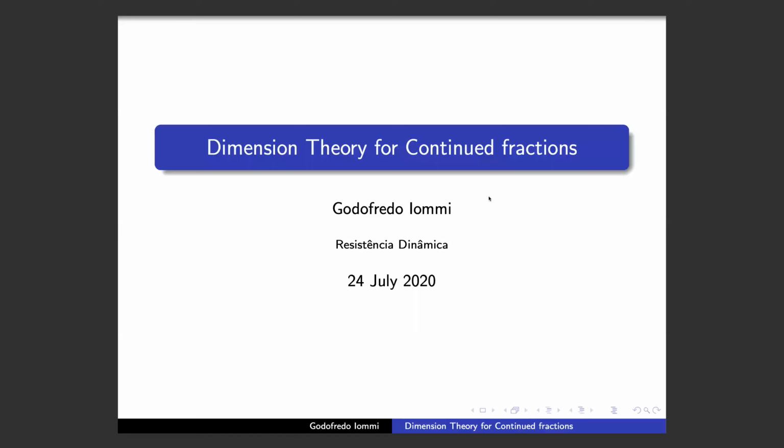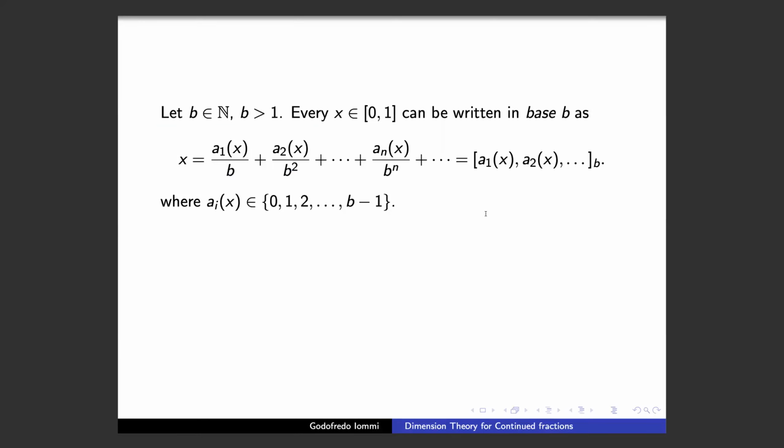So you pick a positive integer B, and every number can be written in base B, the way it's presented there. And the notation we will use is this one here. In this case, of course, every digit belongs to the set 0, 1, 2, up to B minus 1.